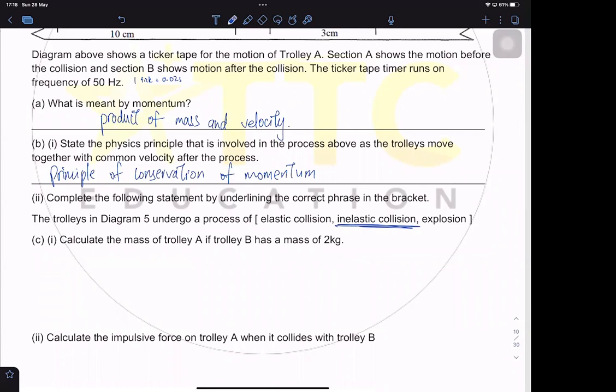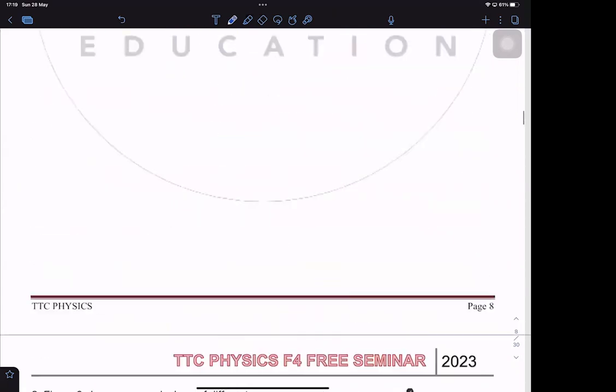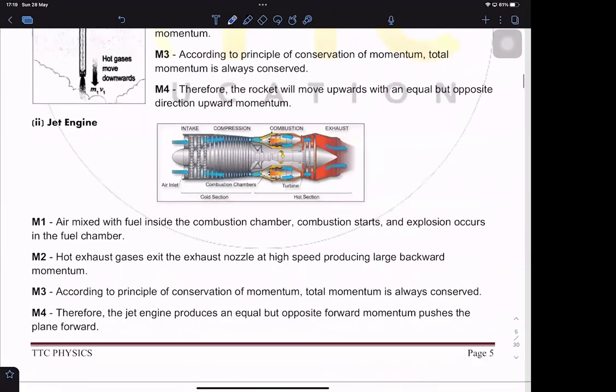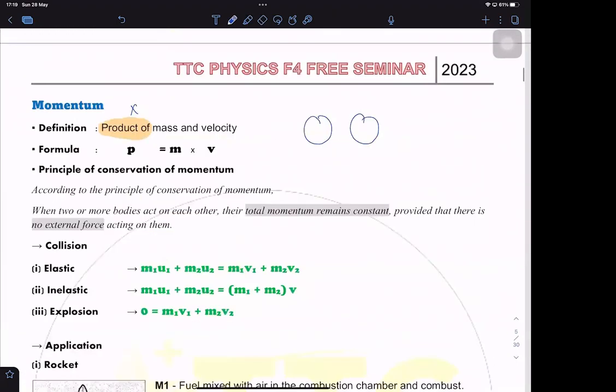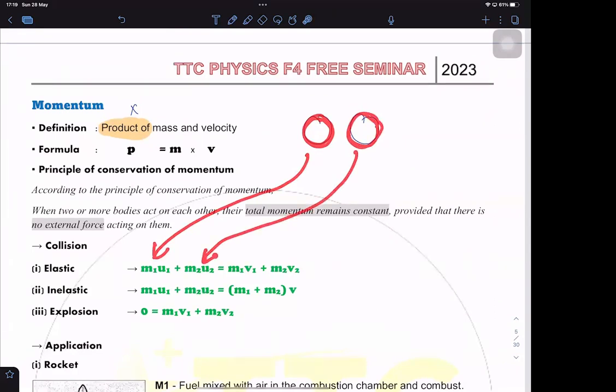Okay, calculate the mass of trolley A if trolley B has a mass of 2 kilograms. So now it's the calculation part. We're going to use the formula. Do you know where this formula comes from? This m1u1, basically, it's just this person's momentum, mu, and this person's momentum, mu.